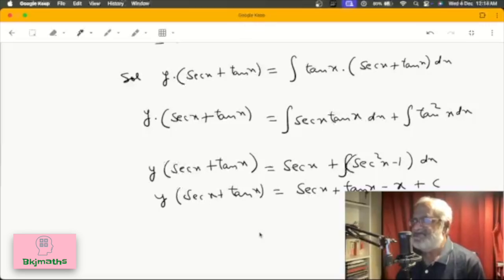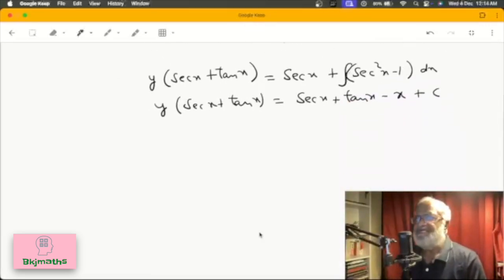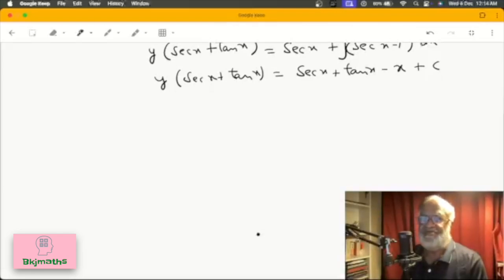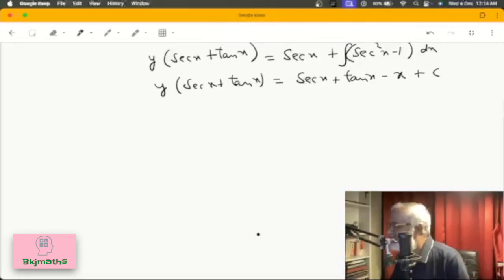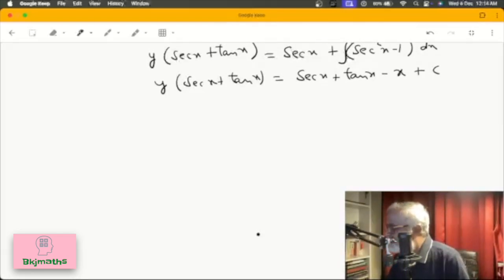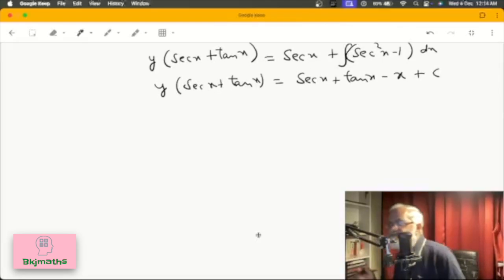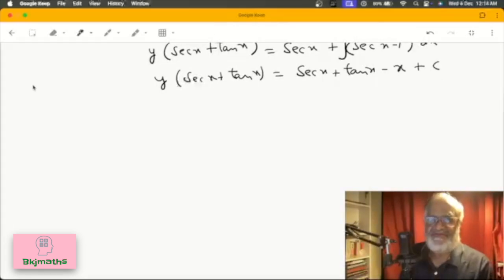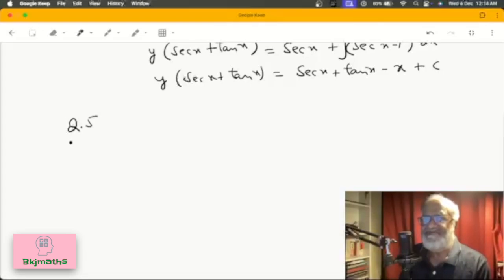Okay, thank you. Now next question, question number 5 of NCERT, exercise 9.6.